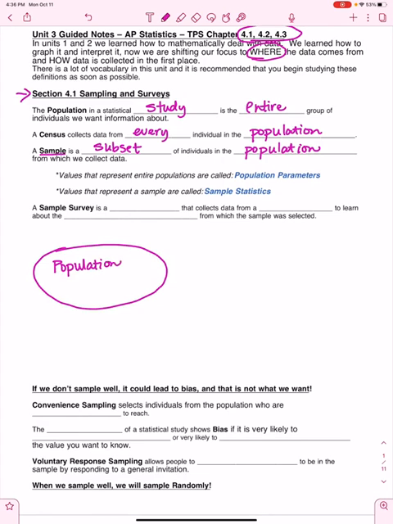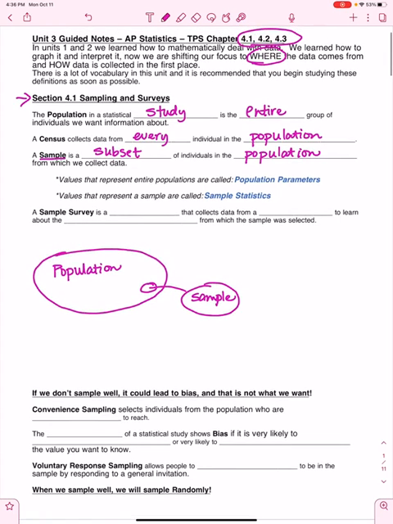This is everyone we're interested in. If we take a sample, we're just going to take a few of those people. How many would be representative? It depends on what the population size is and what your sample size is. But what we would do is just take a smaller subset of that population.